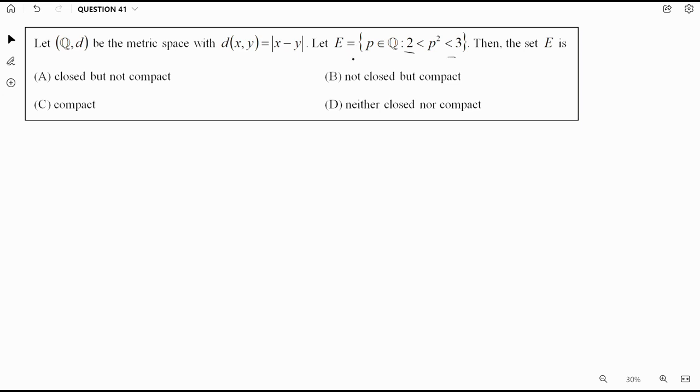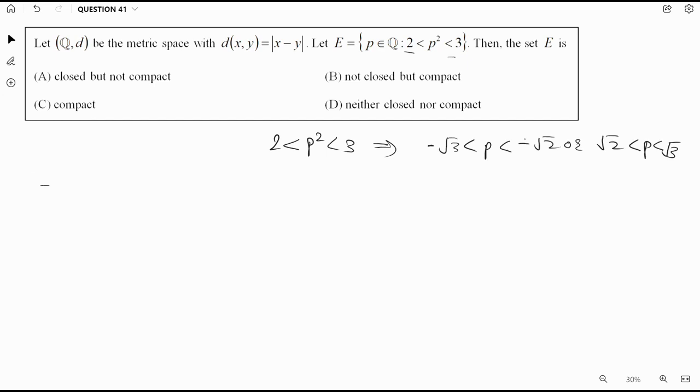So first let us write E explicitly. 2 strictly less than p squared less than 3 implies minus root 3 less than p less than minus root 2, or root 2 less than p less than root 3.